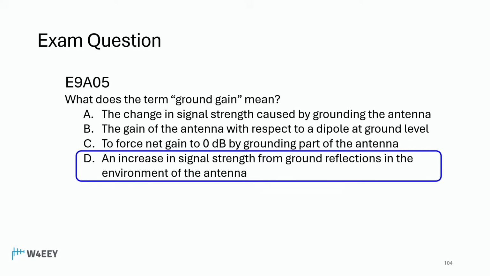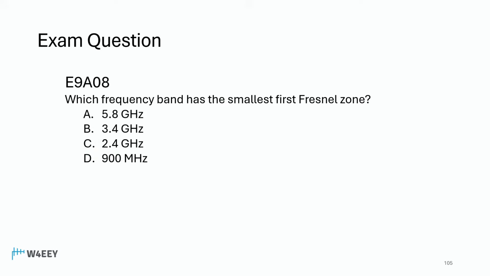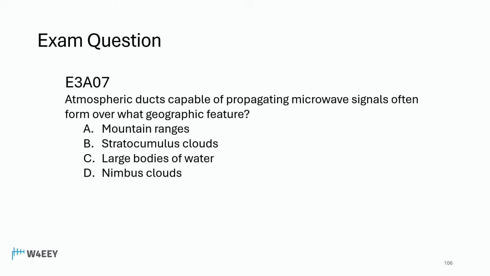Delta, an increase in the signal strength from ground reflections in the environment of the antenna. And what frequency band has the smallest first Fresnel zone? Alpha. Yeah, but it's the highest one there. It's 5.8 gigahertz. Atmospheric ducts capable of propagating microwave signals often form over what geographic feature? Charlie, large bodies of water.